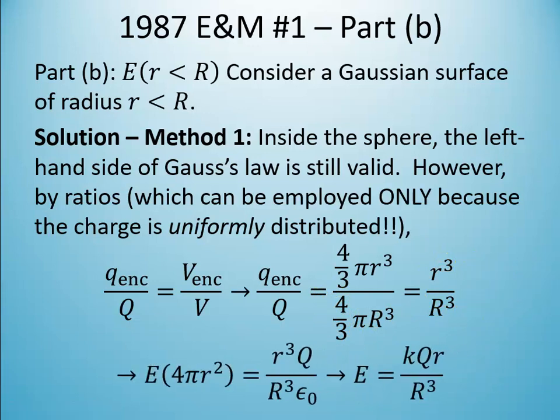So now, since that means the enclosed charge is equal to the ratio of radii cubed times the overall charge, we plug that in for our enclosed charge of Gauss's law, and we've already done that in this case. So what we're left with is that the electric field magnitude inside of the sphere is K times big Q times little r over big R cubed.